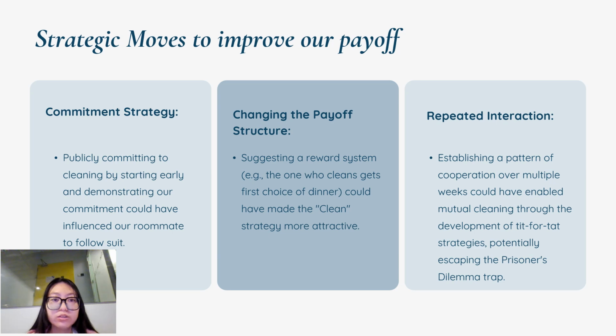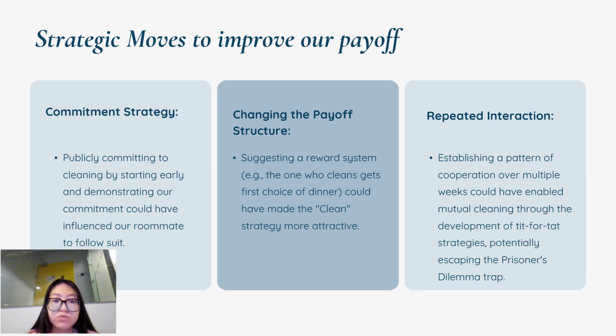So to break out of this dilemma, we have come up with 3 ideas. First, commitment strategies. This means getting people to commit to cleaning up front, like making a public promise to clean after themselves. Second, changing the reward system.